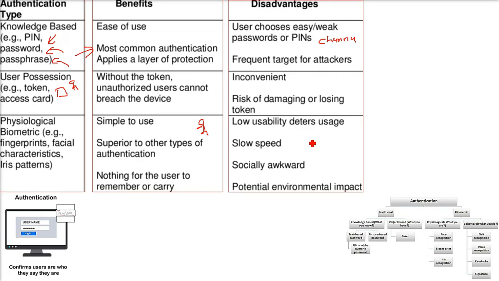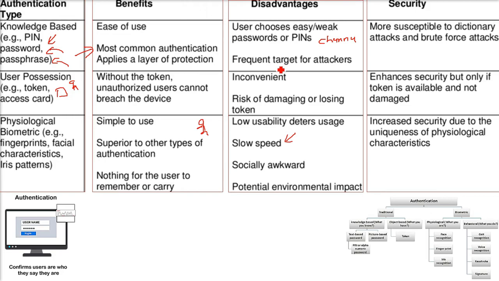There is a slow speed because there are all the algorithms and processing going on in the back. Sometimes it is socially awkward also, especially in the COVID times, you cannot use fingerprint. All other things are not allowed. And there may be some potential environmental impact. If somebody has an eye problem, then in the same machine the iris pattern will likely be affected.